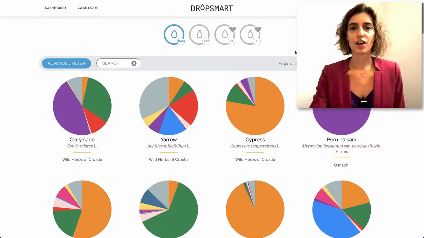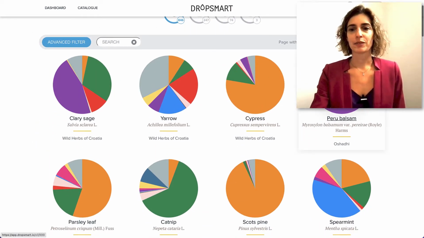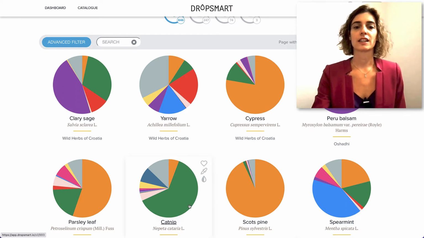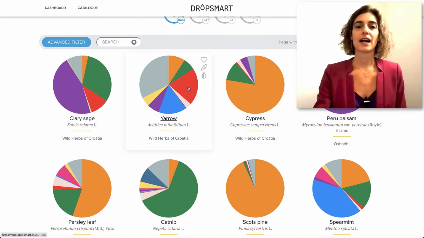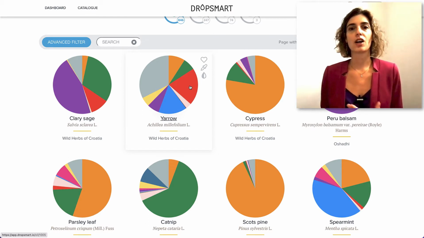When you look at Dropsmart, you will get familiar with these colors. So probably you already know that the orange is Monoterpenes, that the purple is Esters, blue is ketones, green is Sesquiterpenes. Here we have red, it's monoterpene alcohols.